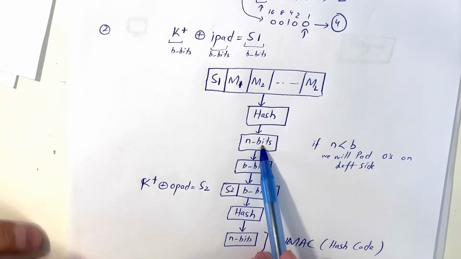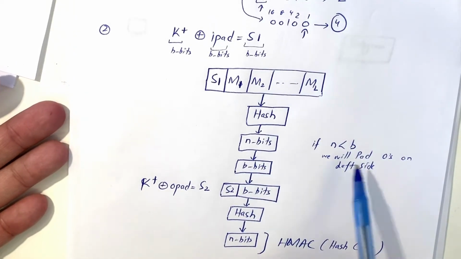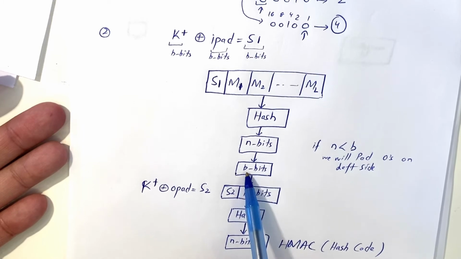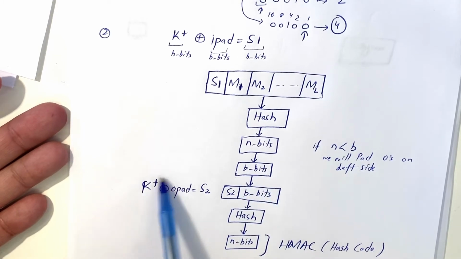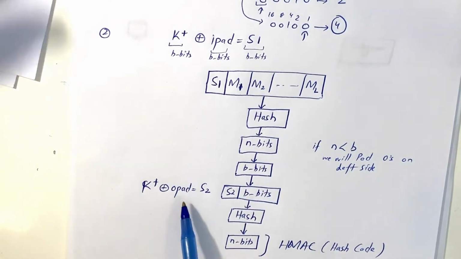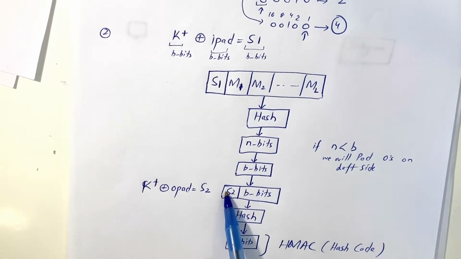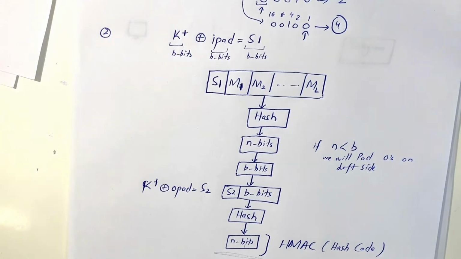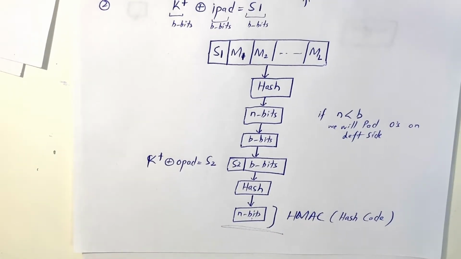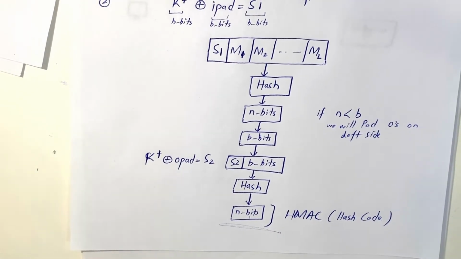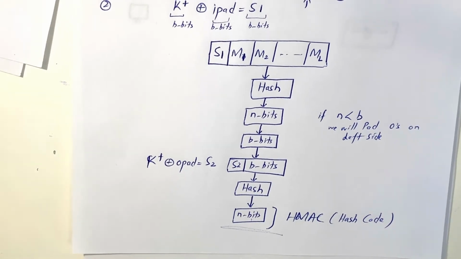Whatever the answer came, again, if it is not equal to b, we append the zeros on the left side, made it equal to b bits. Then calculate the XOR of k plus with OPAD, got S2, append with this result, calculate the hash, and finally whatever we got here is called HMAC, and this will provide you authentication of both the sender and receiver and protect the message integrity.